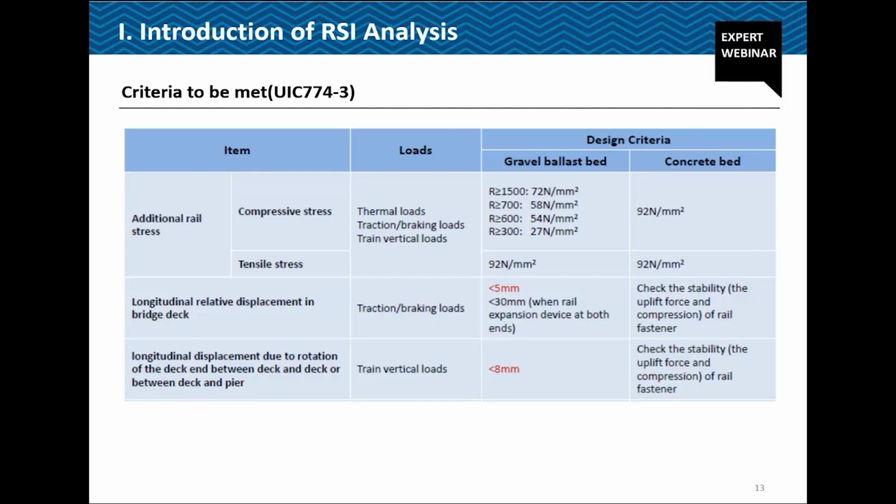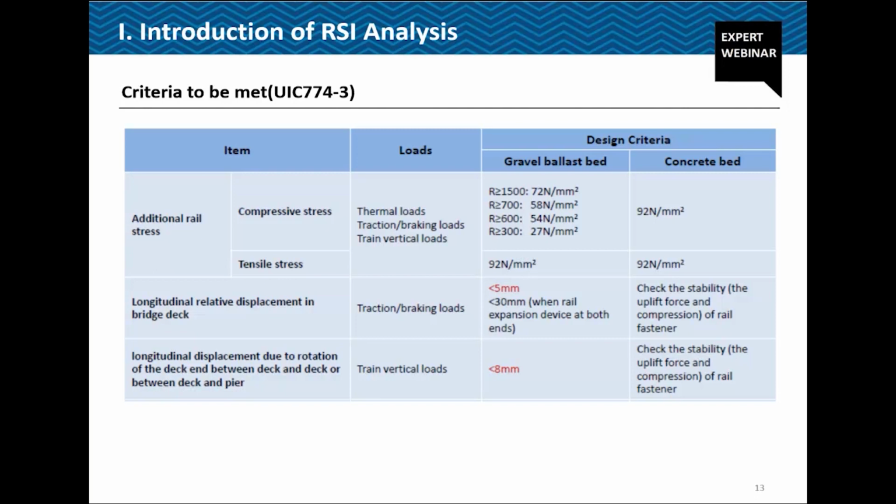The compression stress limit is given as 72 if the horizontal radius of curvature is less than 1500, and it reduces if the radius reduces. And the tensile stress limit is somewhat higher than the compression stress limit, and so it becomes 92. There is more impact if compression comes because the rail is quite slender, and so there is a different limit for compression and tension.